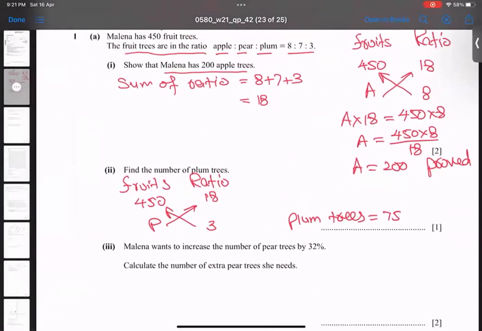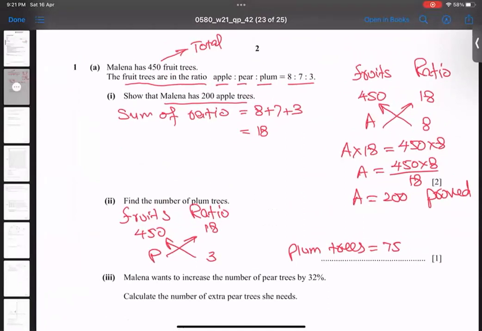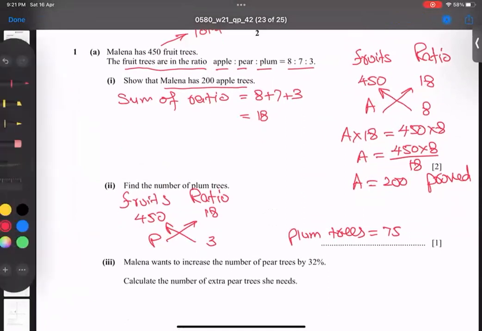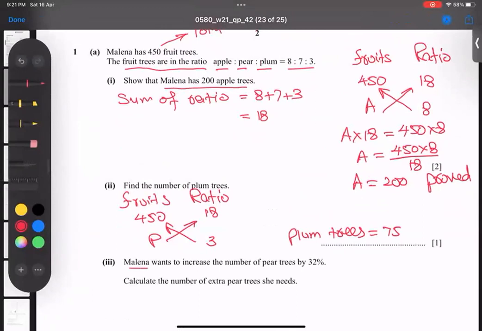And he says what here? Okay, next point, if you look carefully, he's saying M wants to increase the number of pear trees by 32% and find out the number of the extra trees of pear it needs. Okay, so it means we need to find out extra, this important thing, but we must know how many pear trees and how we can find. So pear trees is not hard to find.